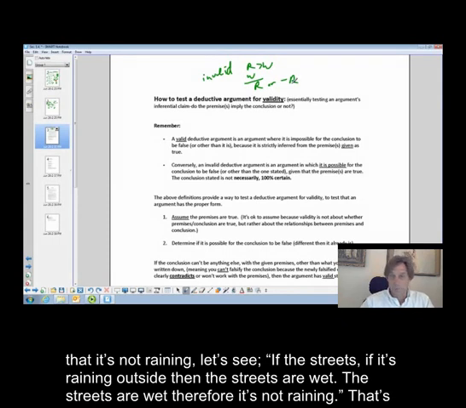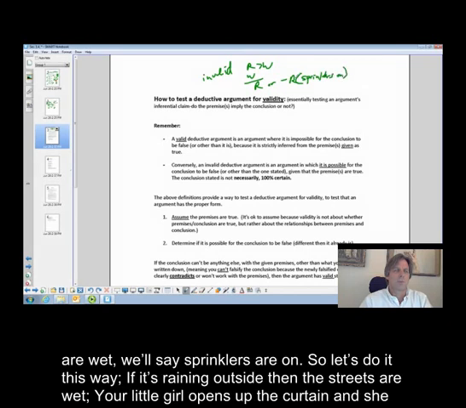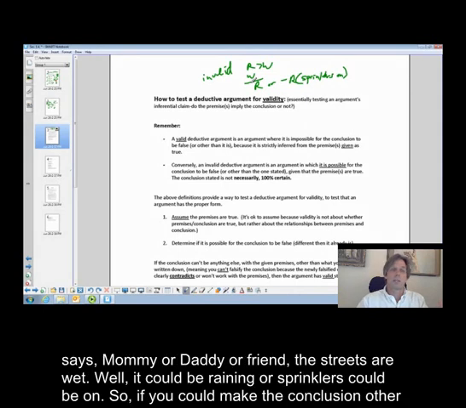That's possible. You remember I said the sprinklers could be on, so we could do this. If it's not raining, meaning sprinklers are on, because the streets are wet, right? We'll say sprinklers are on. So let's do it this way. If it's raining outside, then the streets are wet. Your little girl opens up the curtain and she says, Mommy or Daddy or friend, the streets are wet. Well, it could be raining or sprinklers could be on.